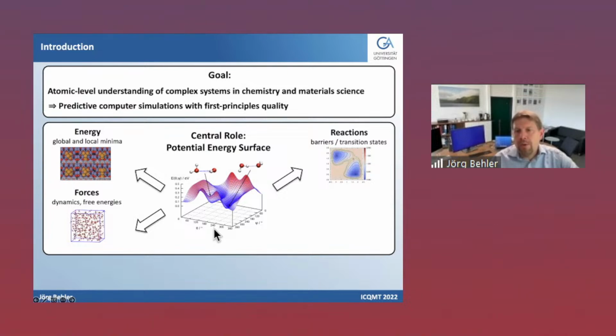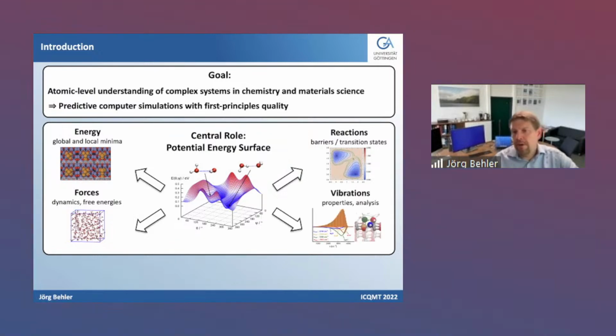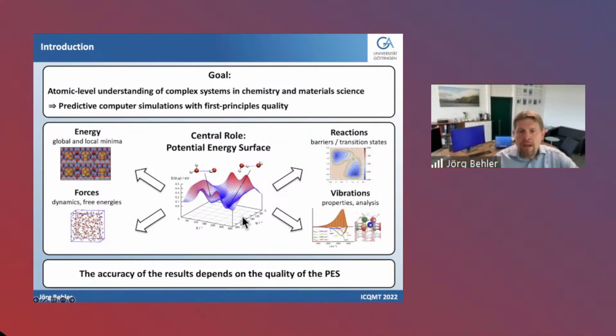We have barriers or transition states that allow us to study chemical reactions, and we can also look at vibrations, so we can make contact with experimental techniques like vibrational spectroscopy. Because of this central role of the potential energy surface, the accuracy of the results that we get from computer simulations crucially depends on its quality.